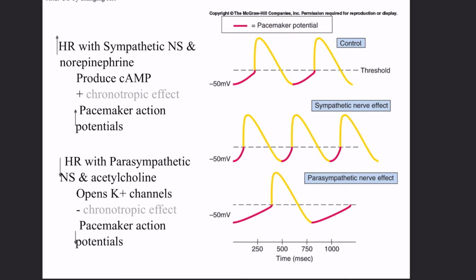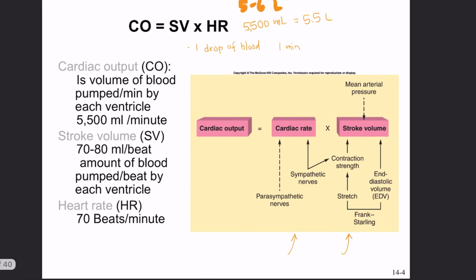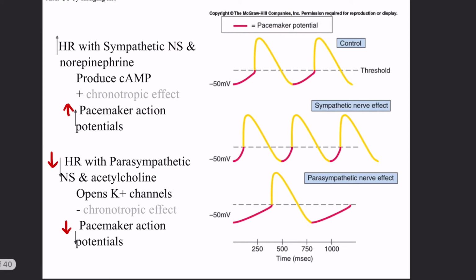We're going to talk about how our cardiac output can change because of these variables, cardiac rate and stroke volume. And remember, stroke volume is the amount of blood pumped per beat by each ventricle.